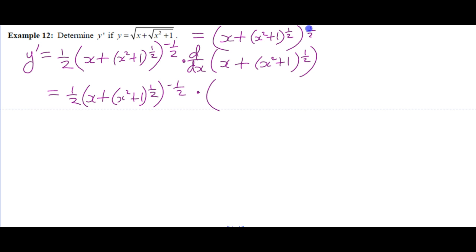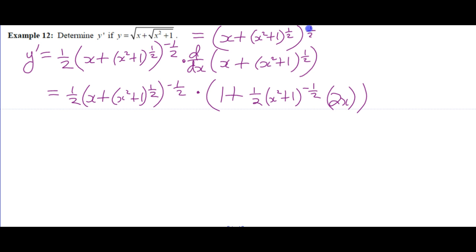This is a sum, so what's the derivative of x? Just 1, right? What's the derivative of x squared plus 1 to the half? Got to use the chain rule, right? So it's 1/2 x squared plus 1 to the negative a half times 2x. So in order to do the derivative of the inner function, we had to apply the chain rule again.